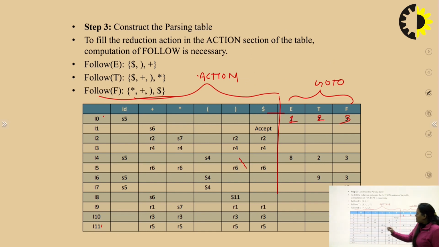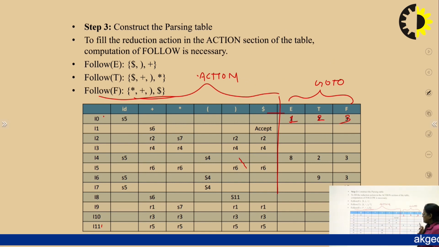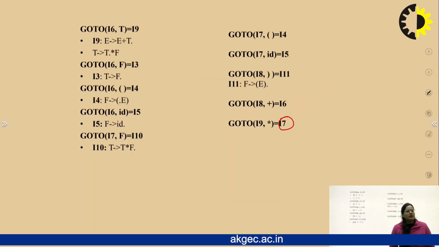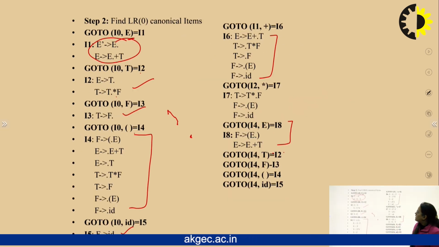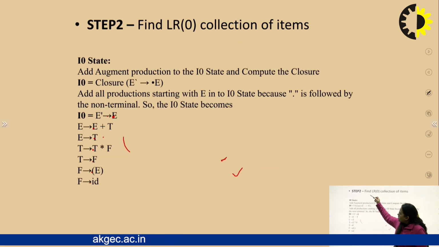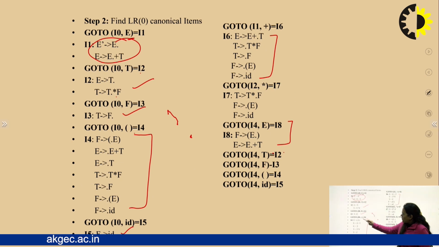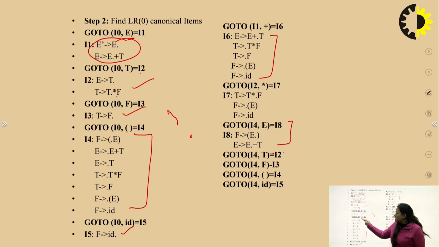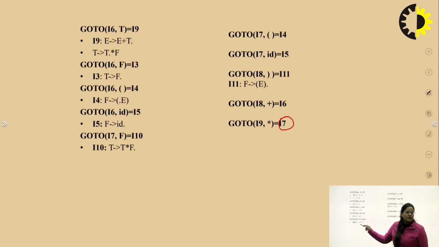I4 contains 8, 2, 3 and I6 contains 9, 3 and I7 last is 10. Now the shift entries. For I0 comma opening bracket, it is a terminal, and we go to I4.